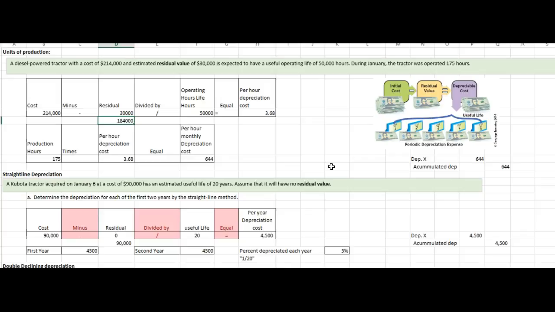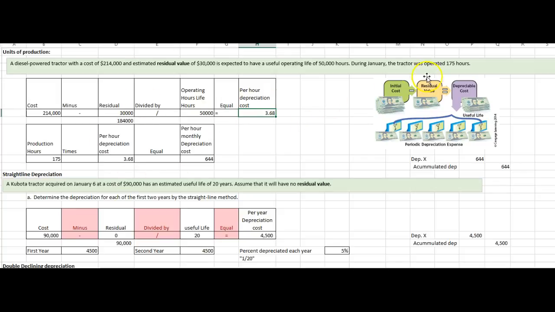So now it's good for 50,000 hours. If I take this depreciable cost and divide it by 50,000, I find out each hour that I use it, it costs $3.68. So that's a benchmark. That's our line.